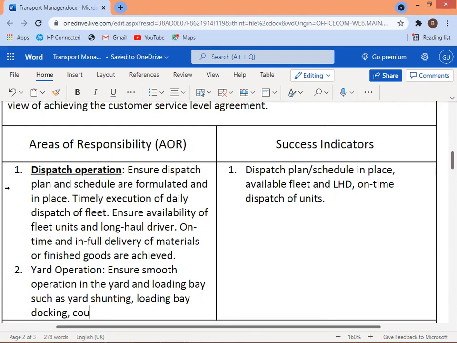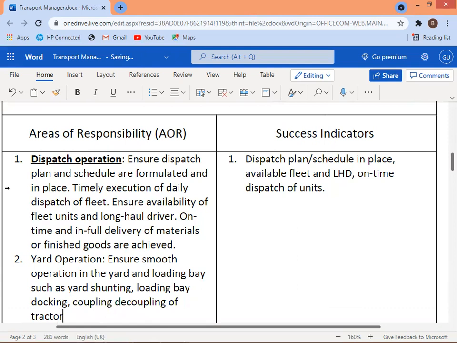Also, coupling and decoupling of tractor and trailers. It will be coupled or it could be uncoupled. When you get it from the parking area, you couple it, then you shunt in the yard, then you back it up to the loading bay, reversing it to the loading bay.